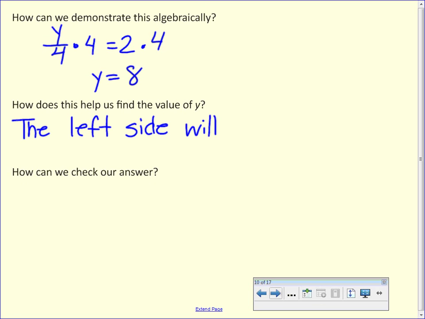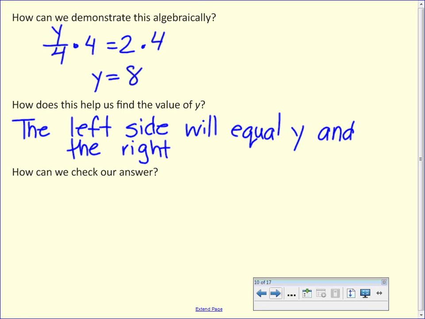So the left side will equal y, and the right will equal 8. So now to check it, we write the original equation.